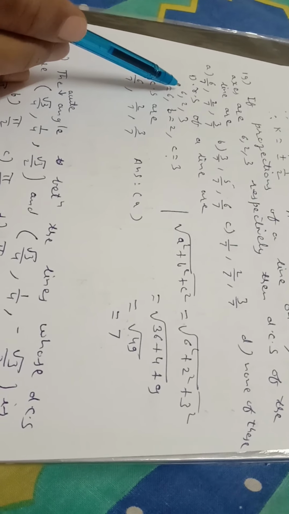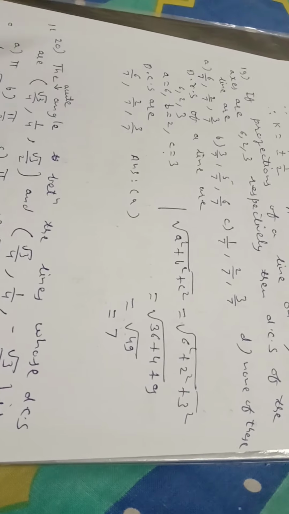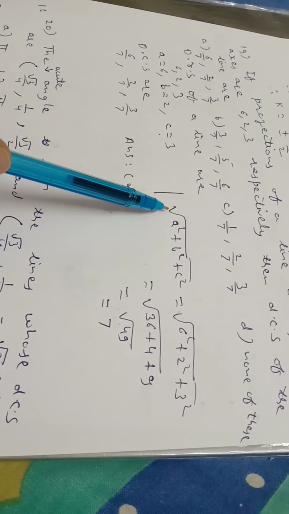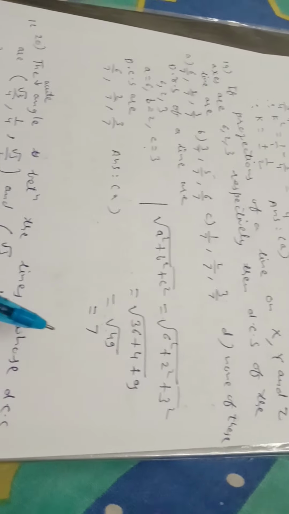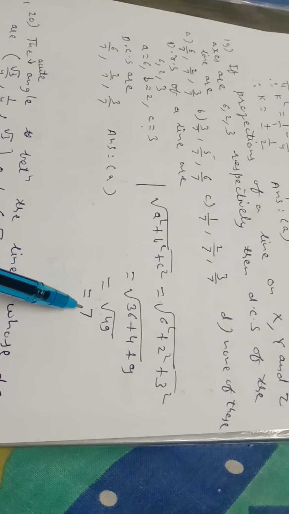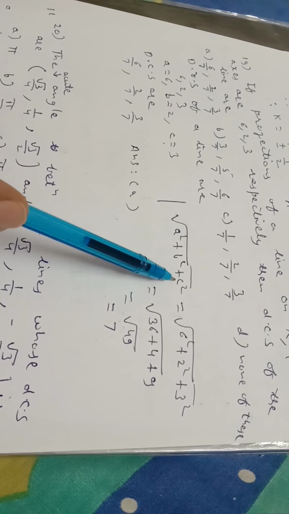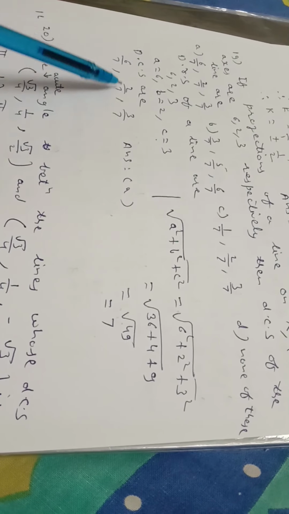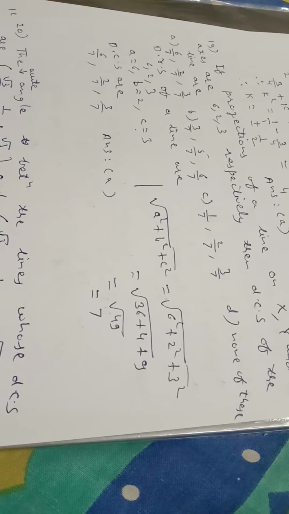We have represented direction ratios by small letters a, b, c. Then we have to find direction cosines. For that, find the value of the square root of the sum of squares of direction ratios. 49 is a perfect square, root 7. So divide the direction ratios by under root a square plus b square plus c square. We get the direction cosines of the line. So here the answer is option A.